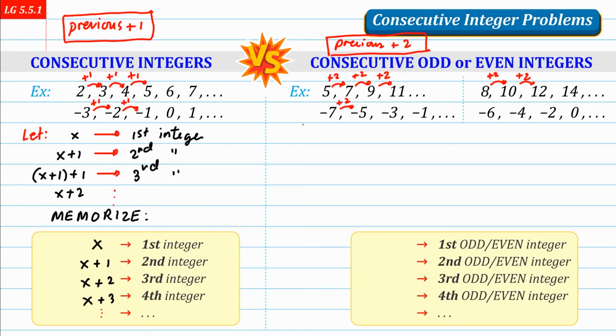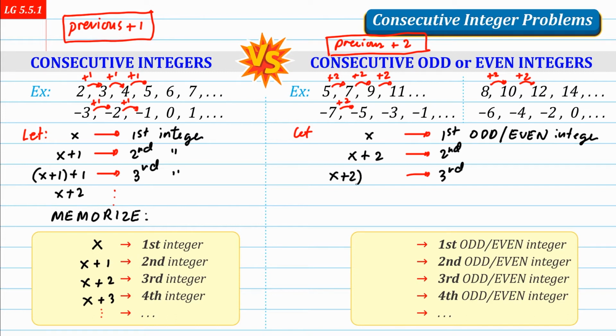Therefore, if you let x po be the first odd or even integer, okay? Ano yung susunod? Ay, plus 2. x plus 2. That's the second. Ano yung third? Yung third will be x plus 2, yung previous, di ba?